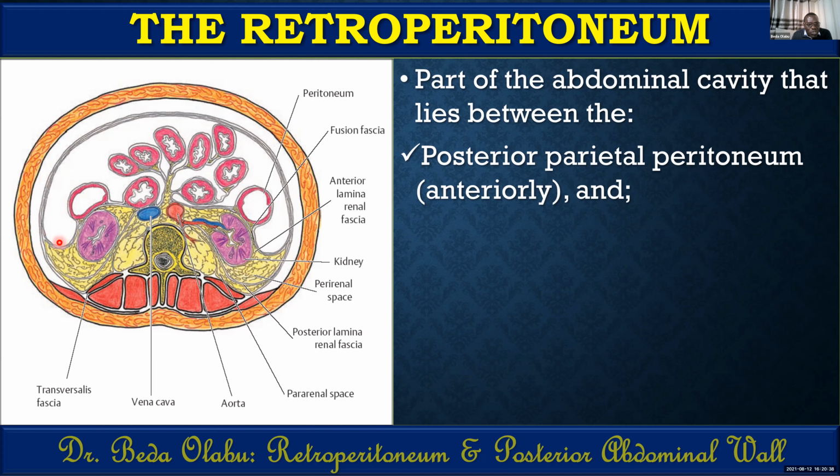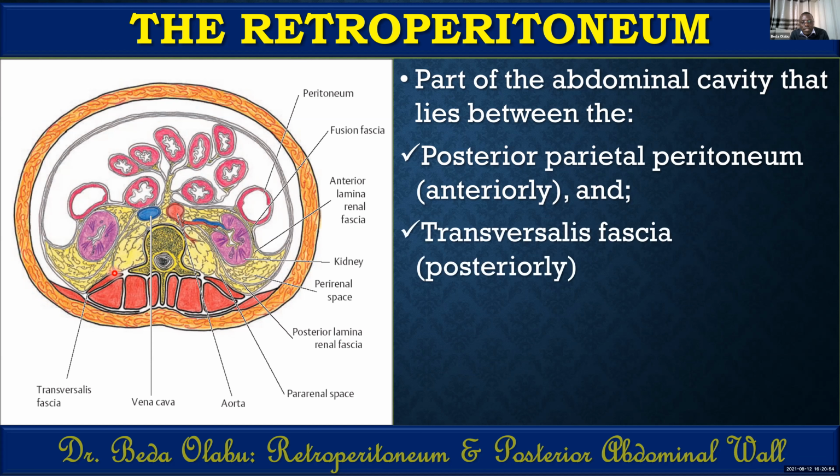So this space between the posterior peritoneum, which is this one, and the posterior abdominal wall, which is this region here, that region is what you're calling the retroperitoneum. If you remember the layers that form the anterior abdominal wall, we talked about skin, then superficial fascia, made up of the fatty layer and then the membranous layer.